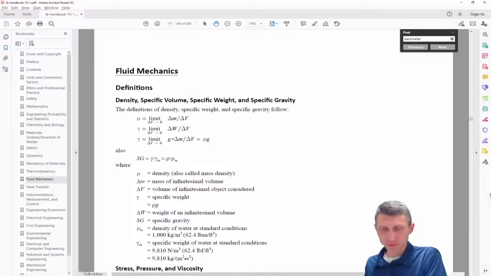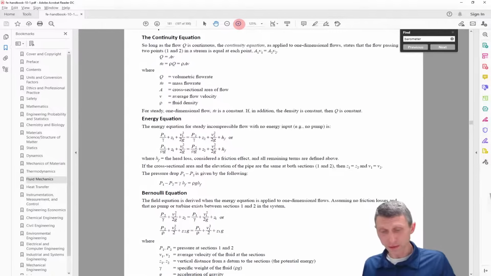Rho is 1,000. Oh, so I wrote my equation down wrong. That's what I was doing wrong. I wrote it right in my notes, but let's look at this.